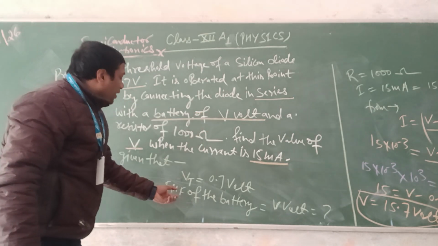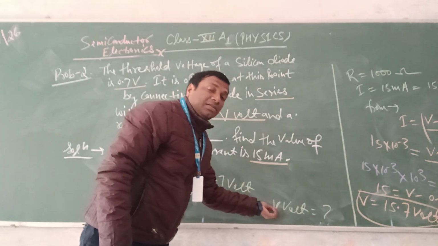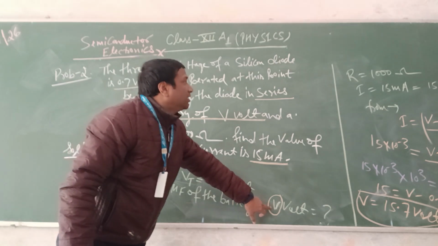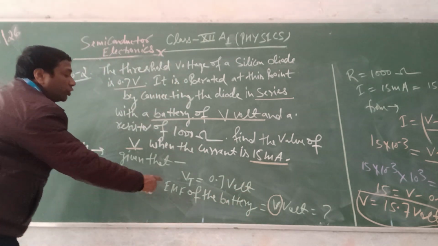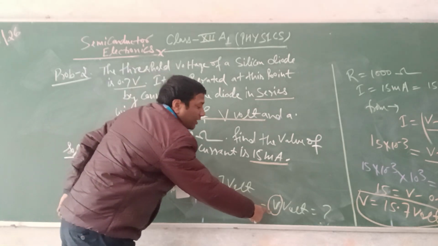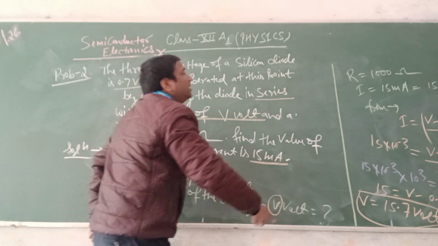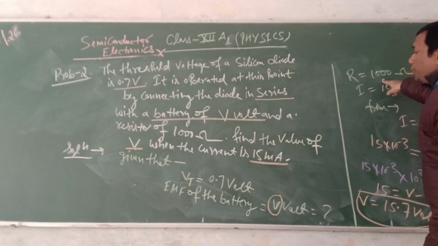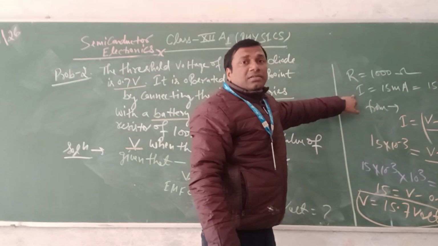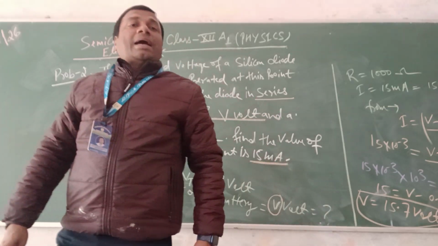We have to calculate the value of this V. So we have threshold voltage Vt equal to 0.7 volt, EMF of the battery V is the question mark we have to find, resistor R is equal to 1000 ohm, and current I is given as 15 milliampere.